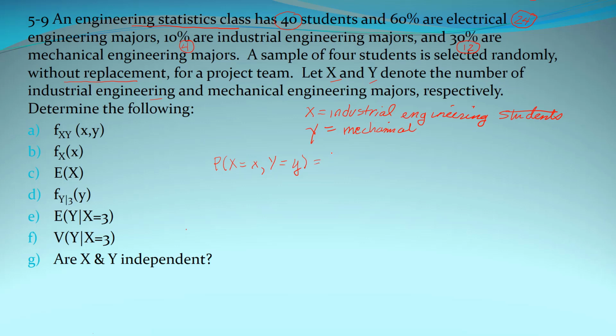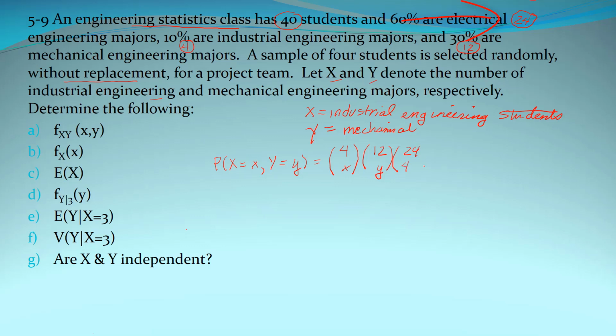So if it's general hypergeometric, the probability of choosing any industrial and mechanical students, which automatically sets the electrical, is going to be, well, we've got 4 industrial engineering majors, so however many of those we choose, and then 12 mechanical engineering students, so however many of those we choose, and then 24 choose whatever's left over.